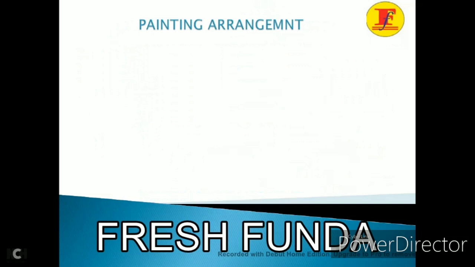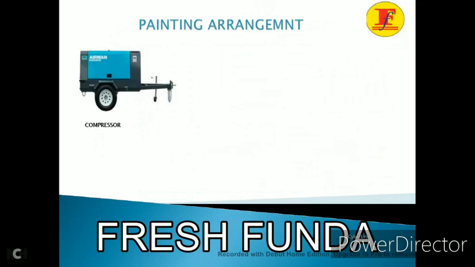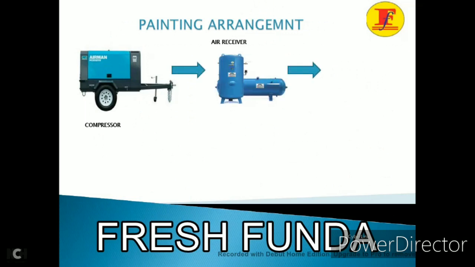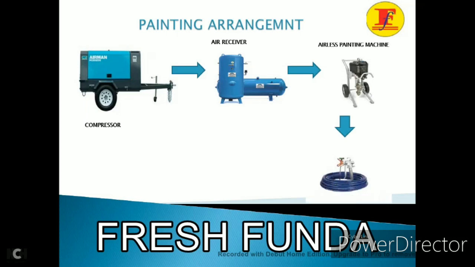Now the painting arrangement. This is the air compressor. From the compressor, the connection is going to the air receiver. From the air receiver, one connection is going to the airless painting machine.